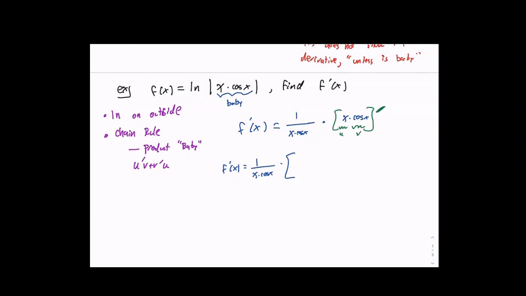So what do we get as our derivative now? x times, no, cos, no. u prime. Would it be 1 times cosine of x plus negative sine of x times x? Perfect. u prime.